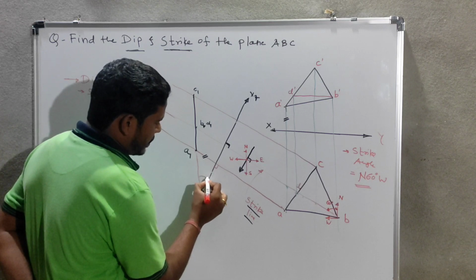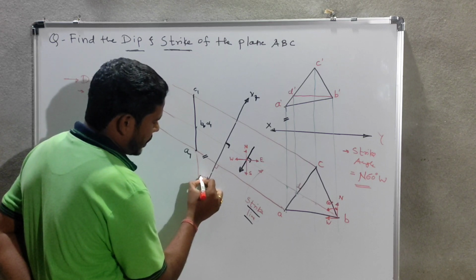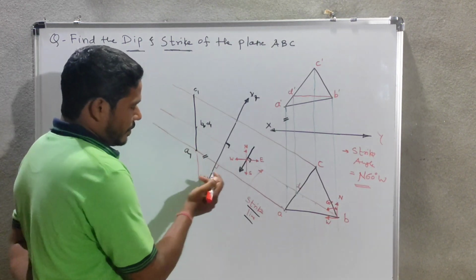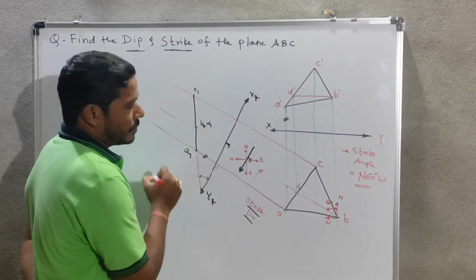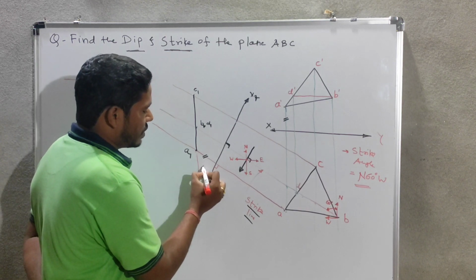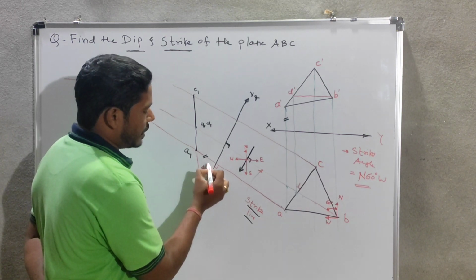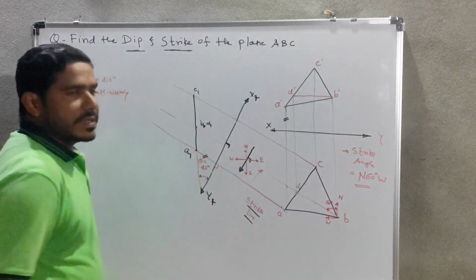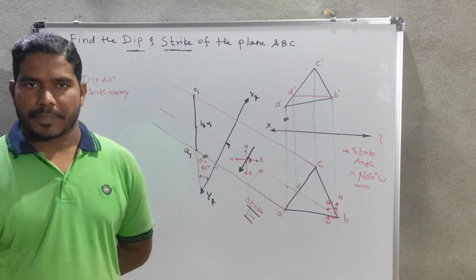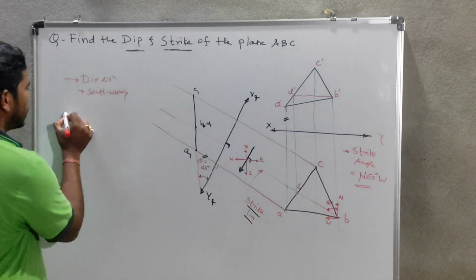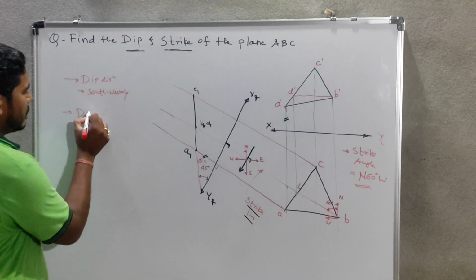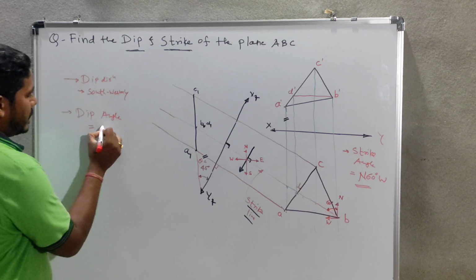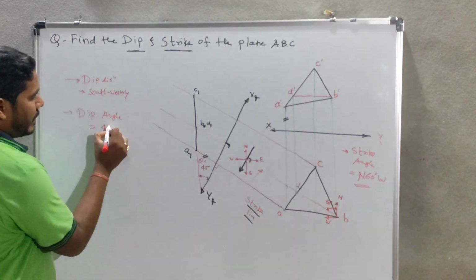Whatever you get by using the protractor, you have to measure. Suppose you are getting 45 degrees, then this will be considered as theta. So this will be the dip angle. Means we got the dip angle as 45 degrees.